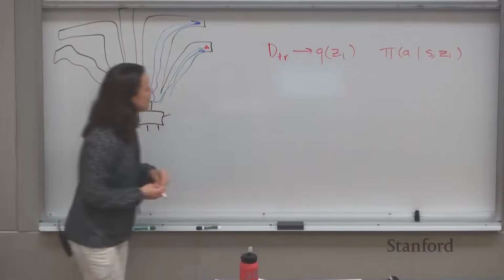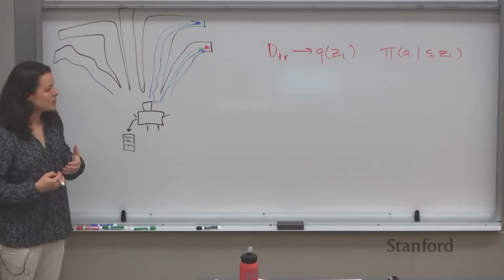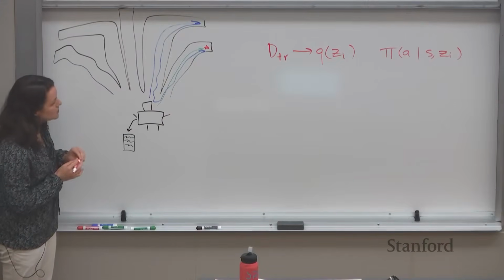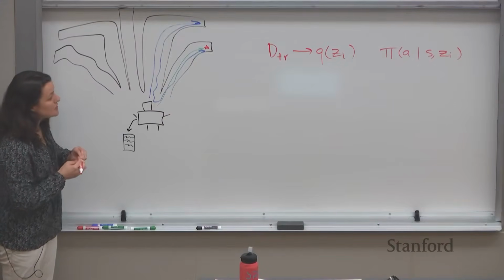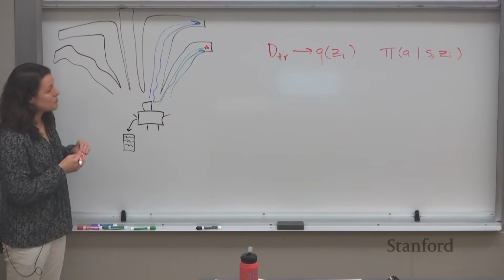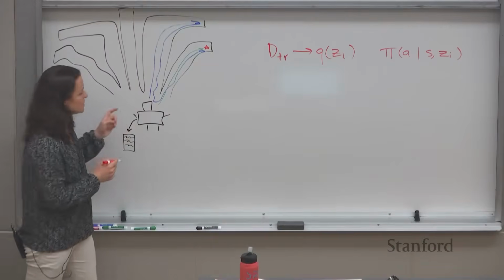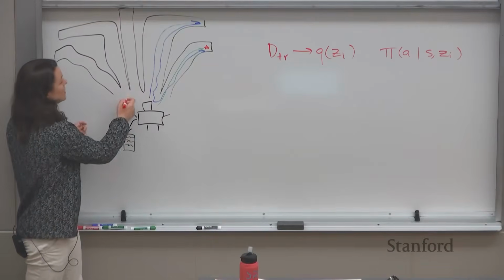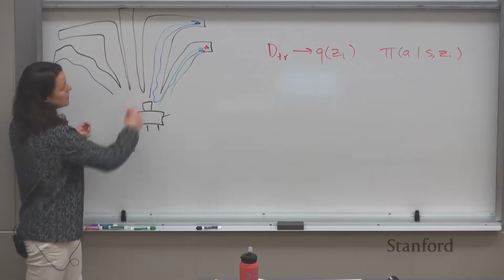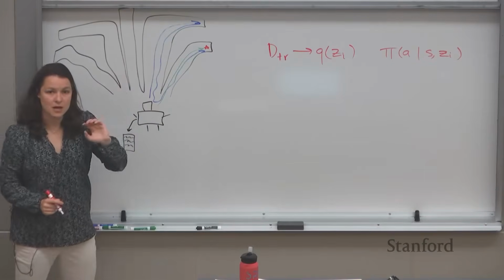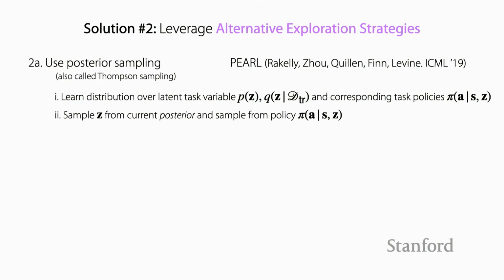This starts to decouple the problem a little bit, because if you have policies that, for a given Z, do the task, then you would learn an exploration strategy that is trying to go down the different corridors to find the solution.